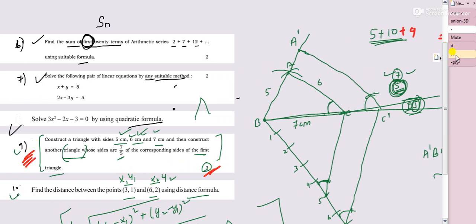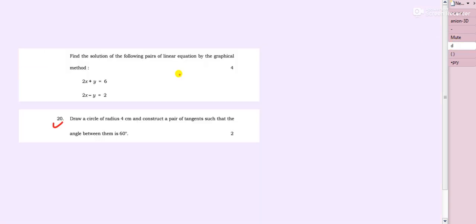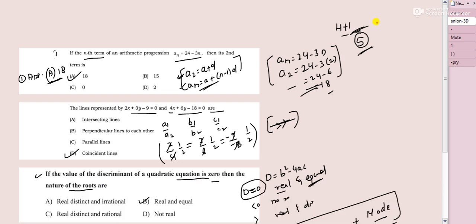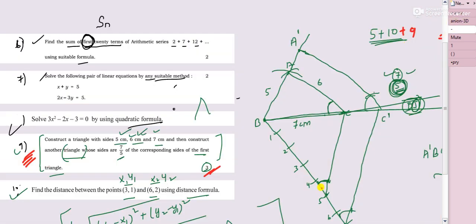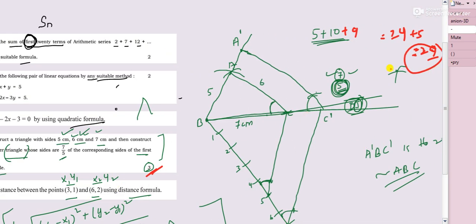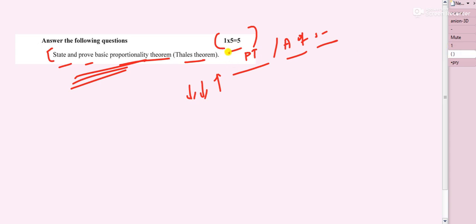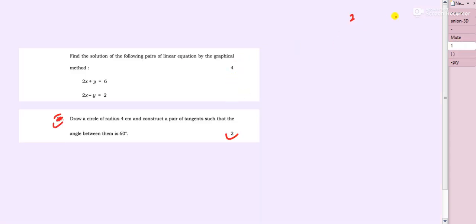So this was 3 marks, and whichever I have brought here is of 2 marks. So totally 29. Already we have got how much? Yes, 29 plus this one is 30. So 30 plus 6 will be 36.